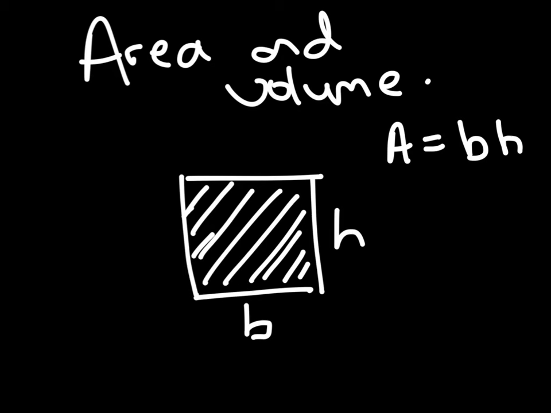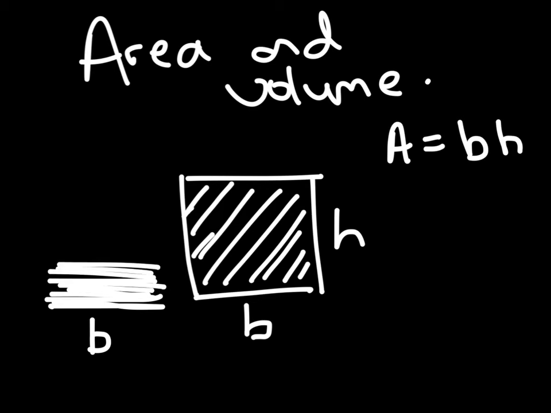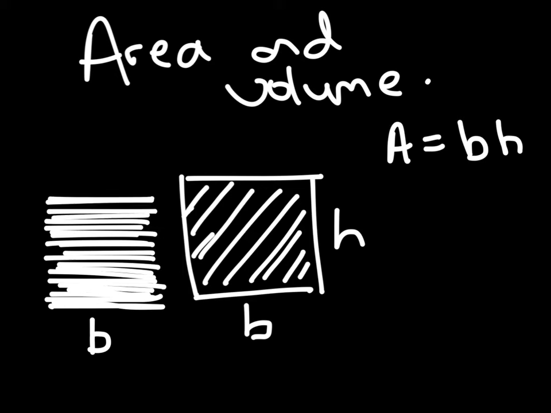I want you to try and visualize it if you just had a straight line. So let's do it beside it here. And that would be a base. That's only a one-dimensional line. It's just the distance. However, if you wanted to stack those lines on top of each other, you're adding that second dimension, which is our height.